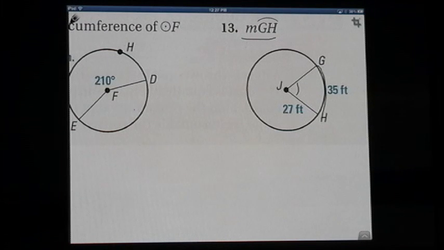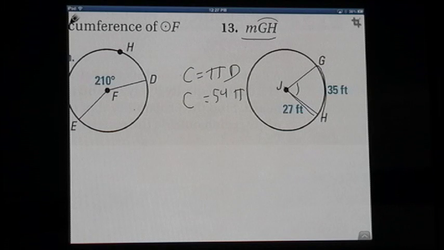Okay, so to find this one, we're going to have to find the circumference of the whole circle first, which remember is pi times d, or since the radius is 27, 27 times 2 is d, which is 54. So this is 54 pi.